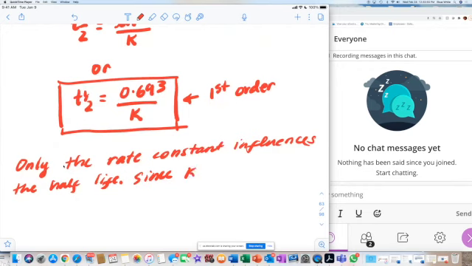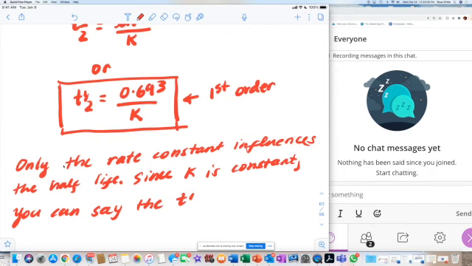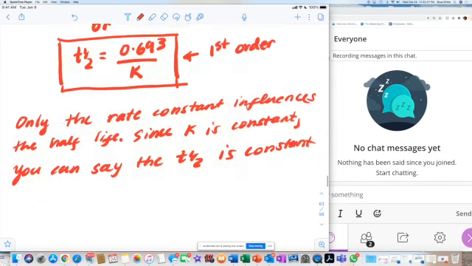Since k is constant, you can say the half-life, T1 half, is constant, right? Because the number 0.693 is 0.693 all the time, and k is constant. So a number that's not changing, a constant number, divided by a constant number will produce a constant number. So T1 half for first order is constant.